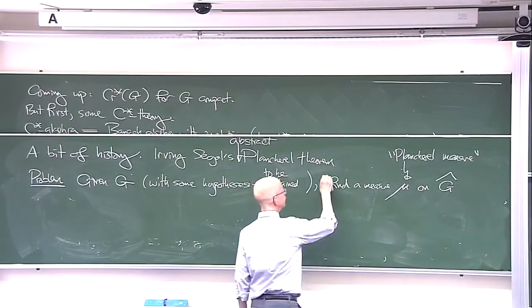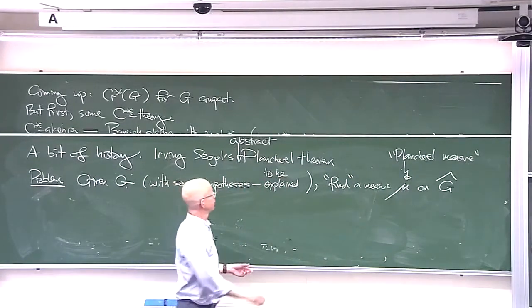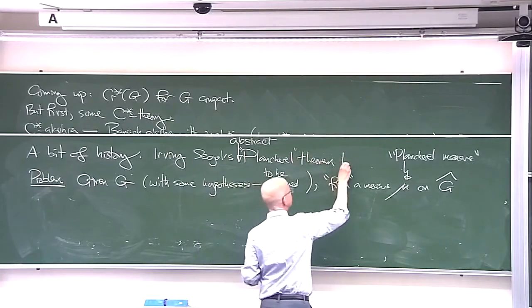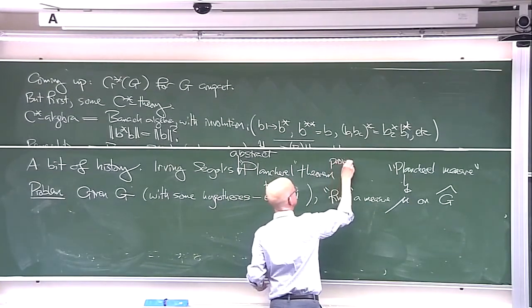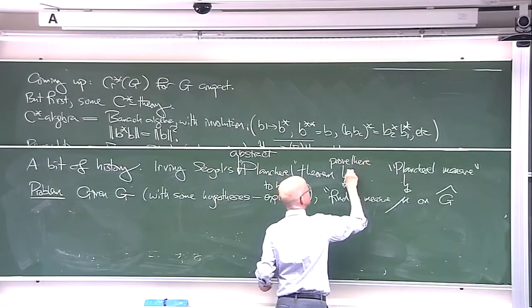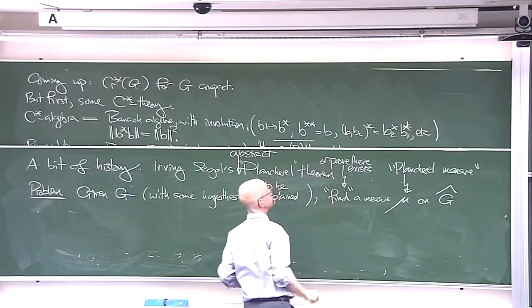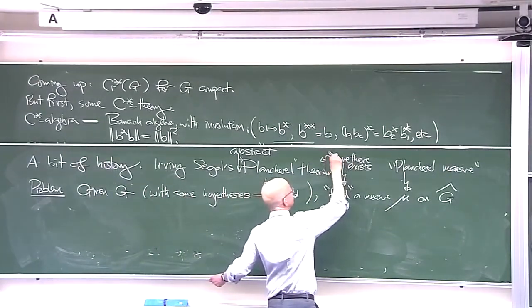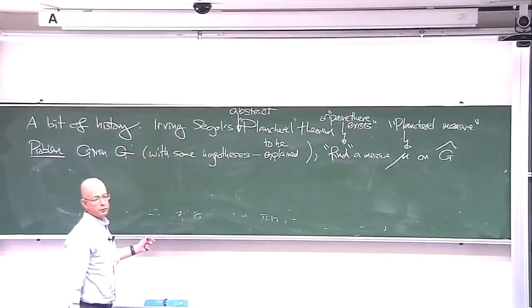I said this theorem is abstract, so rather than find it, the first thing you might want to do is prove that one exists. And what's this measure supposed to do?